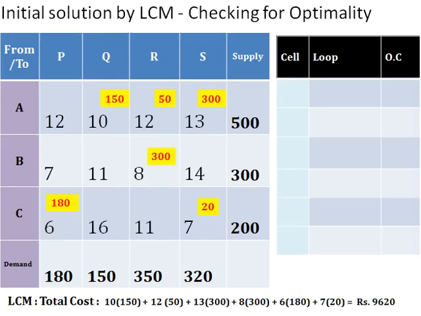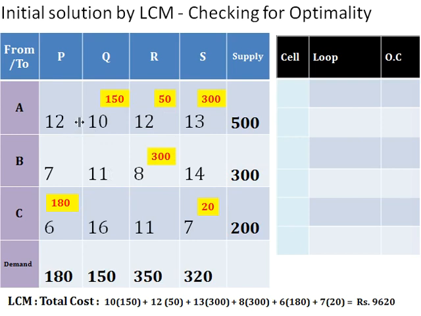So here I have the initial solution by LCM. Here the allocation has already been made using the LCM method, as you can see. Now we are going to check the optimality of this solution by the stepping stone method.